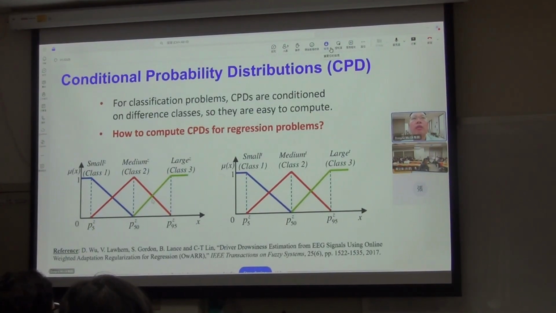Well, recently we have another piece of work under review. There we have a very simple idea. For a traditional regression program, we can use a traditional algorithm to solve it. But in the loss function, we also use fuzzy sets to partition the output domain into a few fuzzy classes. And then we also include the loss term for the classification problem.